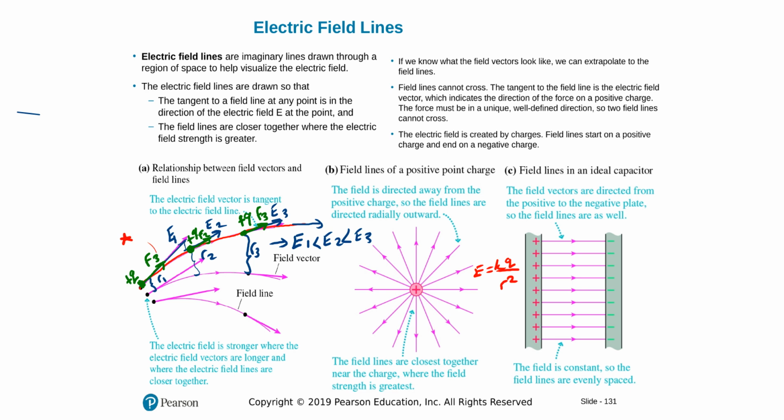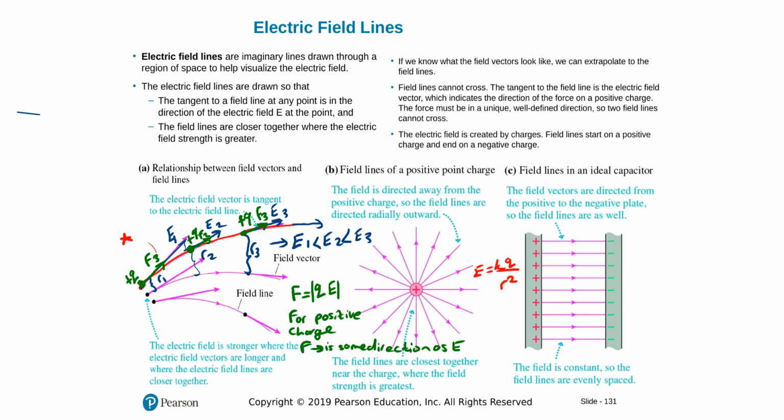I can easily find which force is larger using the equation we learned before. The force applied to any charge is charge times electric field, F equals QE, and we look at the absolute value here, keeping in mind that for a positive charge, F is in the same direction as E, and it's the opposite for a negative charge.